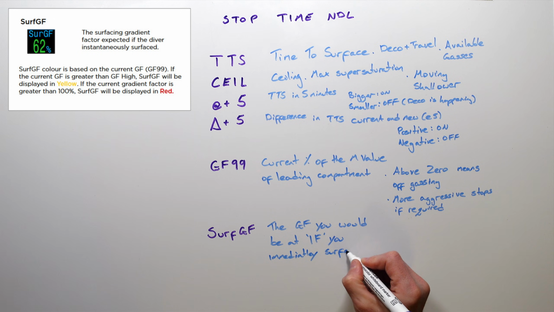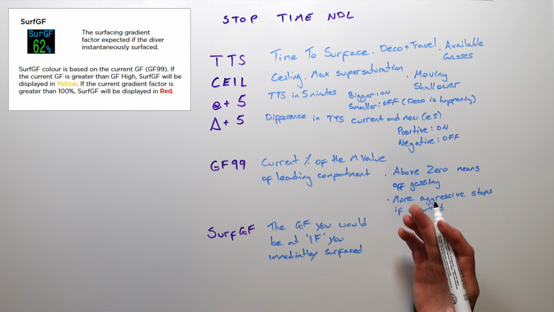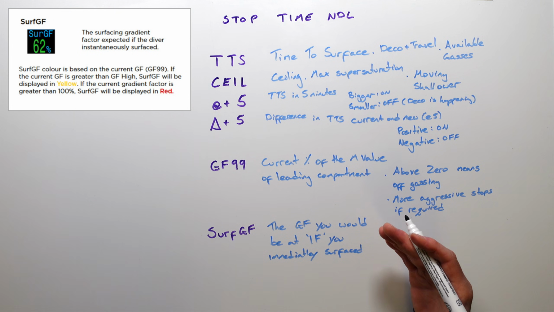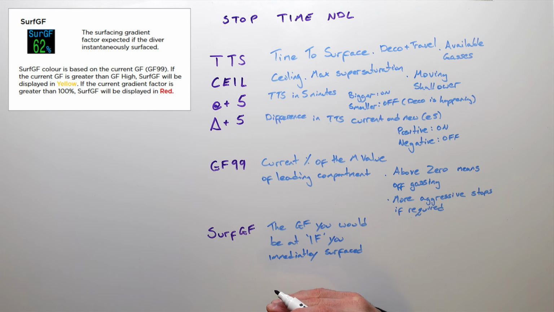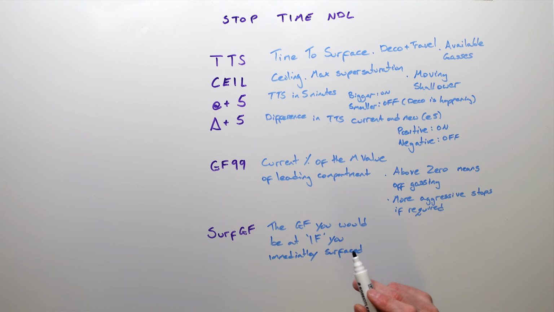If you found yourself at the surface at that moment, the ambient pressure is 1 bar. We know what the tissue loads are. Therefore, we can calculate how much under or over the M value that you're going to be. And by looking at the surface gradient factor, hopefully we can watch it counting down.